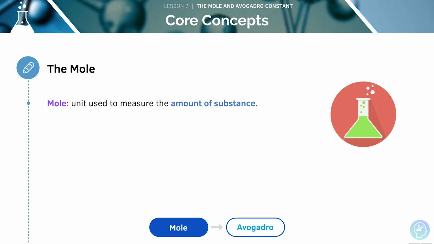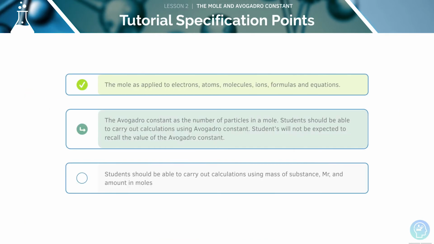The mole is simply a unit used to measure the amount of substance. It's often written as mol in the shorthand form. Let's move on to our next spec point, covering the Avogadro constant.